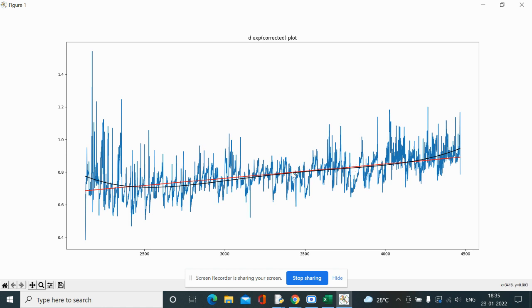There also we can see that this area and this area are slightly undercompacted, or rather there is an increase in the pore pressure as we reach this area and this area. That is about the corrected exponent plot.